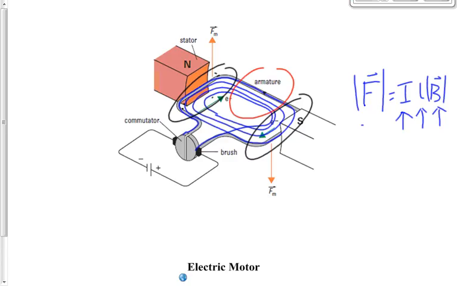No, because when it makes a quarter of a turn, the part of the commutator that the brush is touching is the insulator. So there's no electric current going through there. So you have the wire perpendicular to the field, but there's no electric current going through the wire at that time. Does that make sense? Now, I wasn't going to talk about this, but I'll briefly address it since you asked. When it's in between parallel and perpendicular, it's at an angle, right?